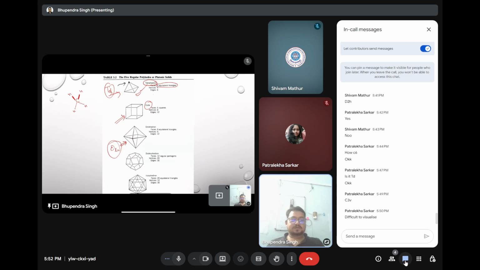Tell me the point group of this cube. Okay, she's saying not able to visualize.